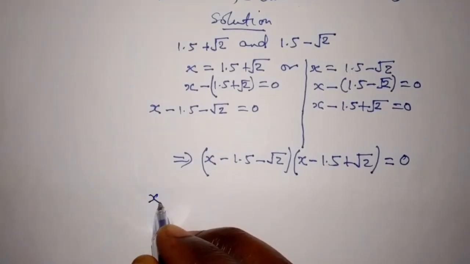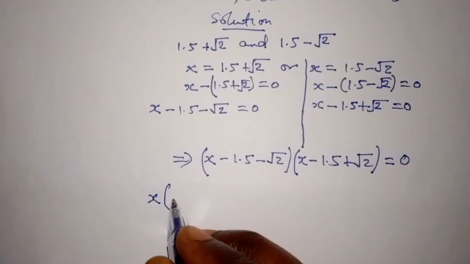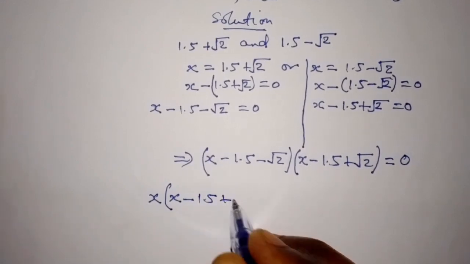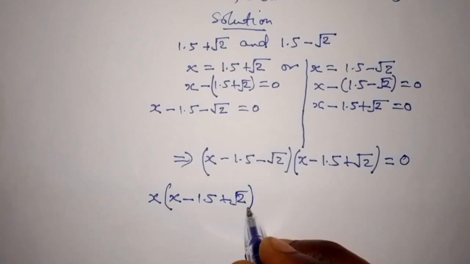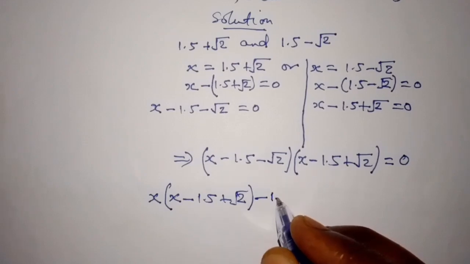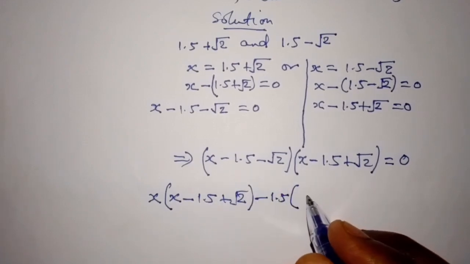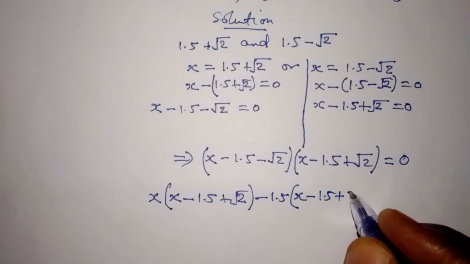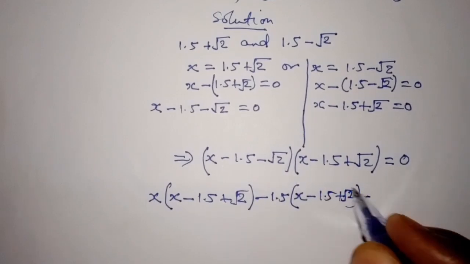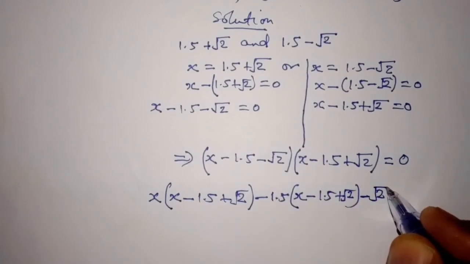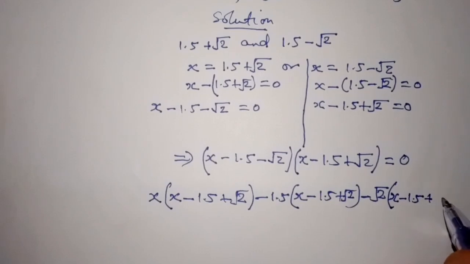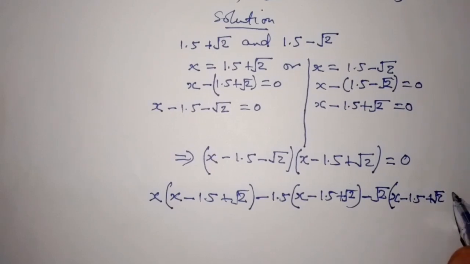We can say that x here into bracket x minus 1.5 plus square root of 2 here, minus 1.5 here times x minus 1.5 plus square root of 2 here, minus square root of 2 bracket x minus 1.5 plus square root of 2 here.